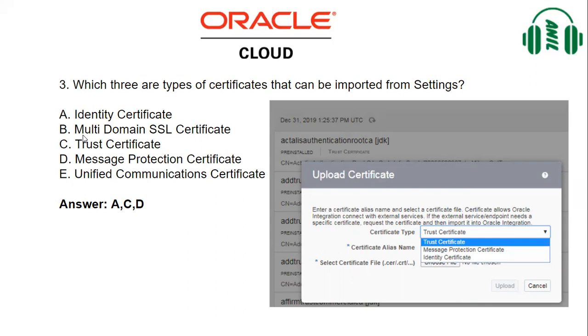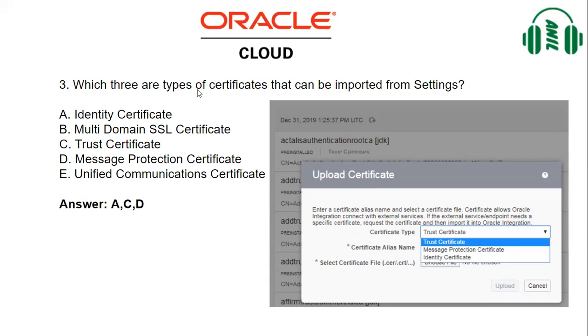If you look into the options, which three types of certificates? Option A, identity certificate, that is true. Multi-domain SSL certificate is not there, so it is false. Trust certificate is true. Message protection certificate is also true. Unified communications certificate is not true.